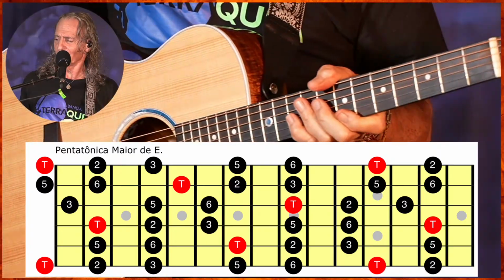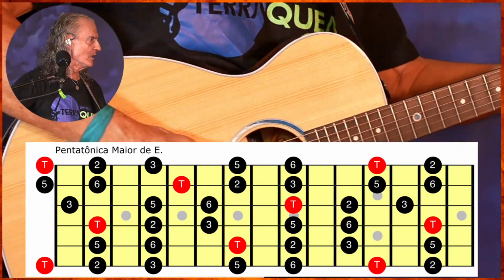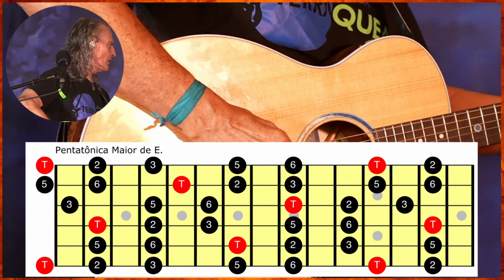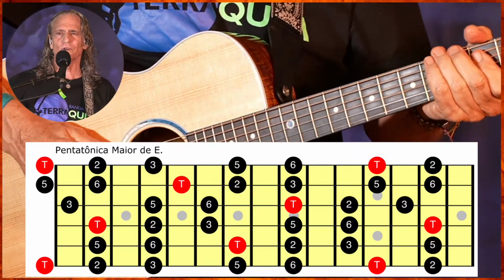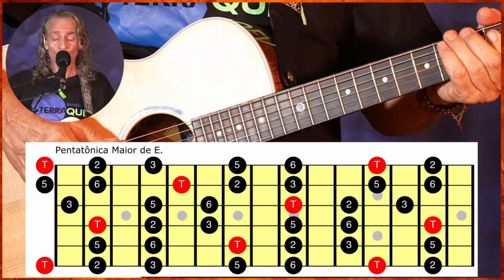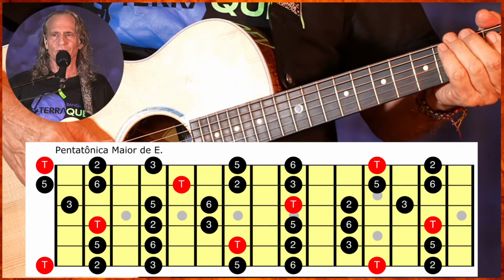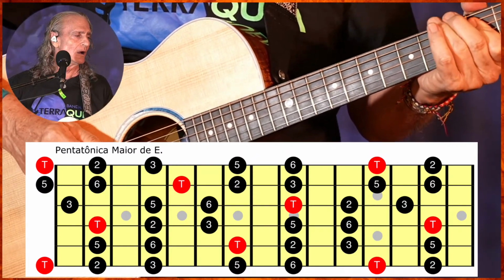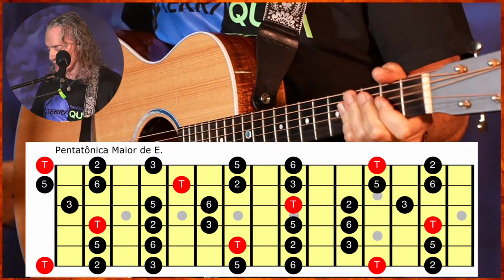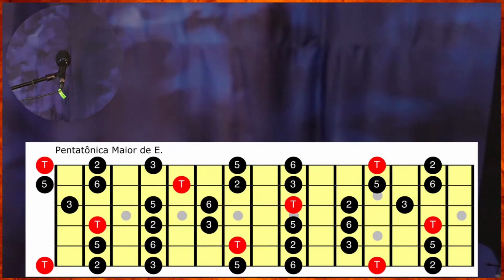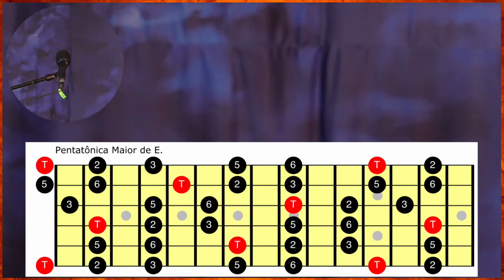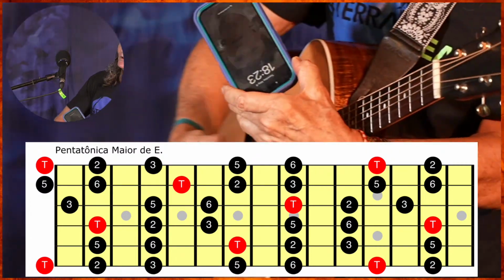Let me see where my phone is. Is it around here anywhere? Well, you can go on YouTube and just ask for a metronome. Let me see if I can get my metronome over here. I'll get my phone out. You just go on your phone and find a free metronome app, or just go on Google.